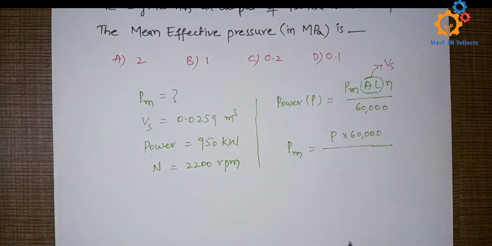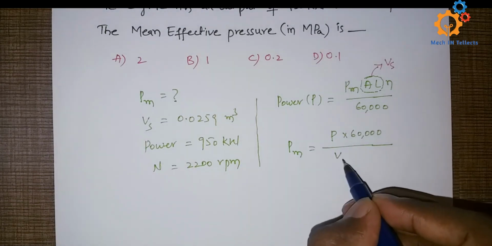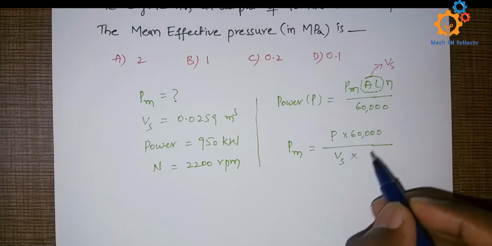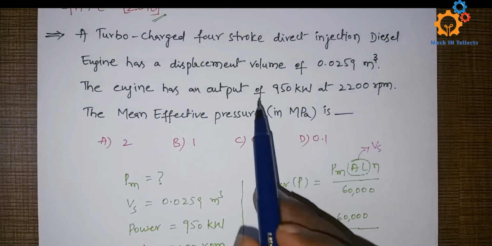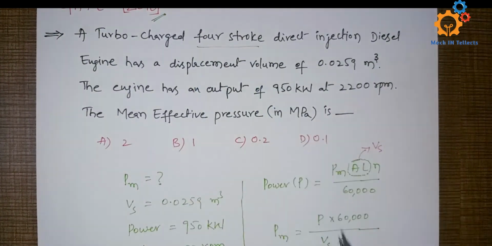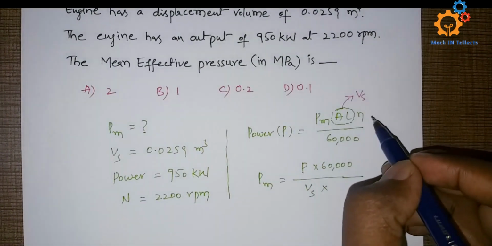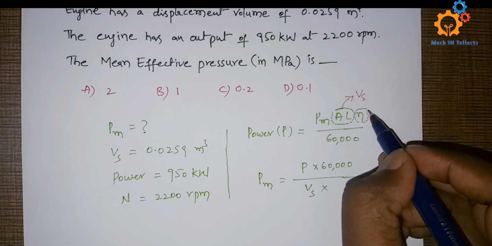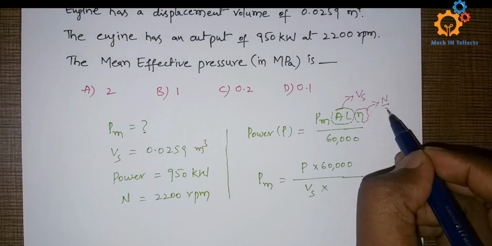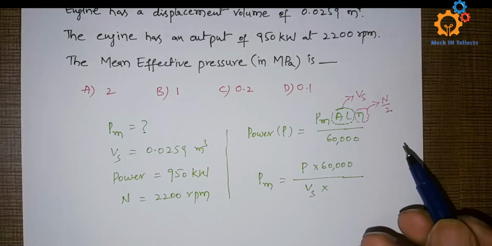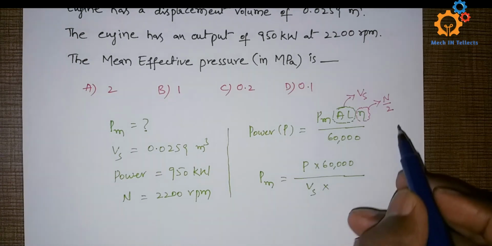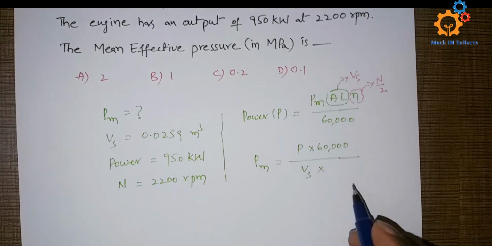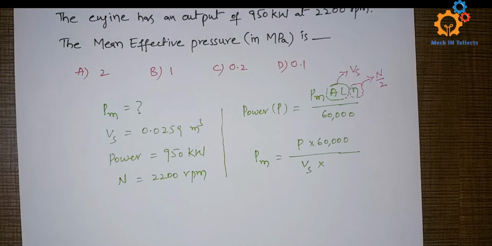This is swept volume. So I am taking swept volume as it is, and this small n for 4-stroke. For 4-stroke diesel engines, small n will become capital N by 2. If it is a 2-stroke engine, then we have to use only capital N. Okay, so because of 4-stroke it is capital N by 2.